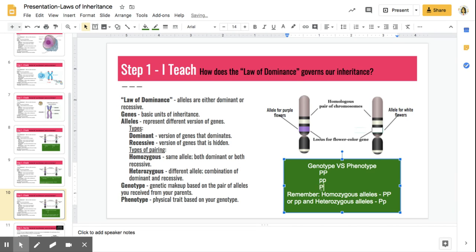But in heterozygous, it's just heterozygous. Okay? There's no type of heterozygous, only one. All right? Because remember, we don't have this. Okay? This is wrong. I couldn't emphasize it more. All right? There is nothing like that.